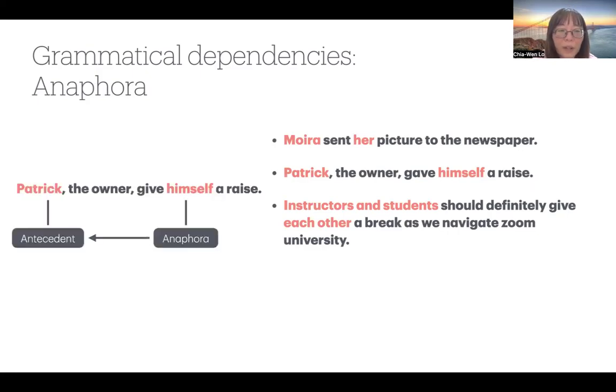So we can see there is an agreement between the antecedent and the anaphor in English.